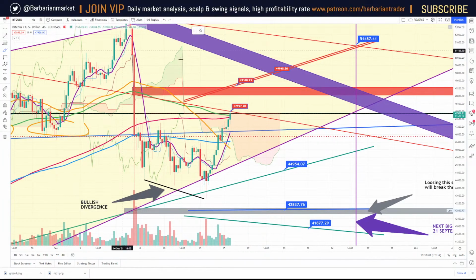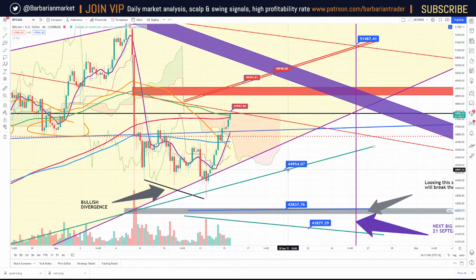And then let's move this one. And then probably 49,300, 49,500, something like that. So starting from here up to here, it's area where at any point can go sideways, okay?